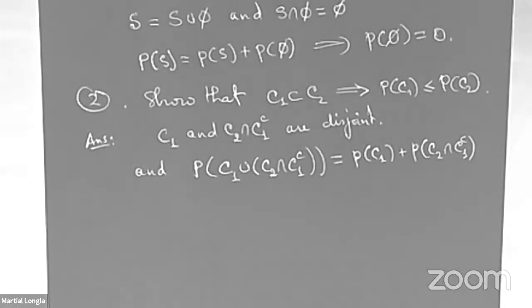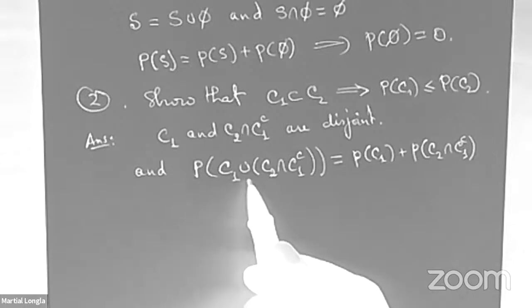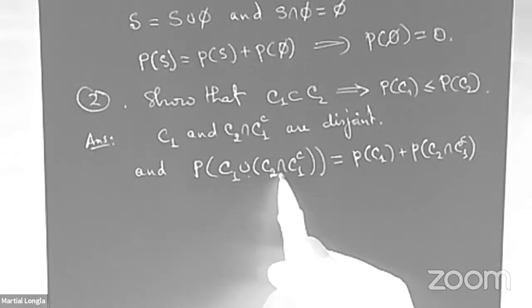Okay. And what is C1 union C2 intersection with C1 complement?